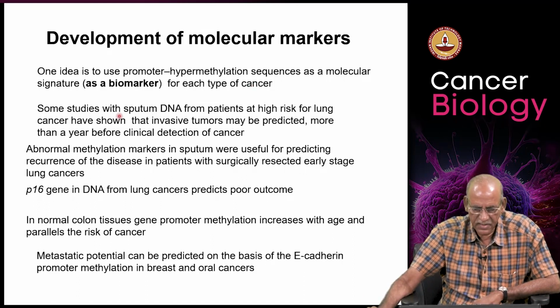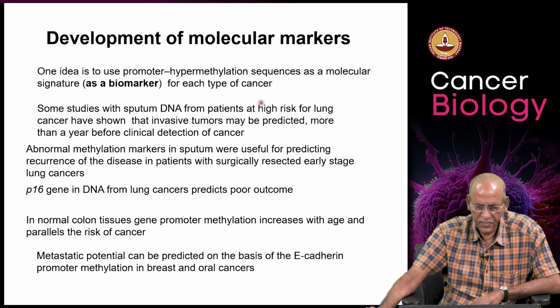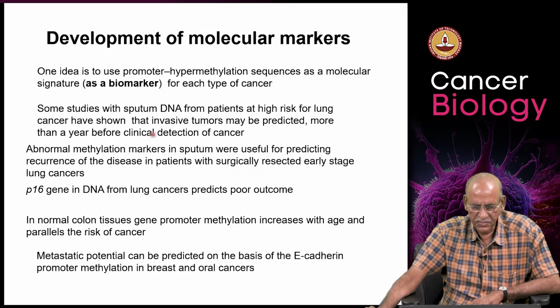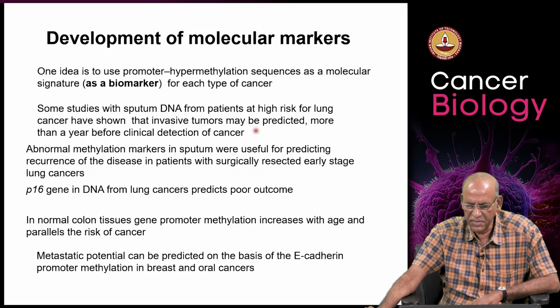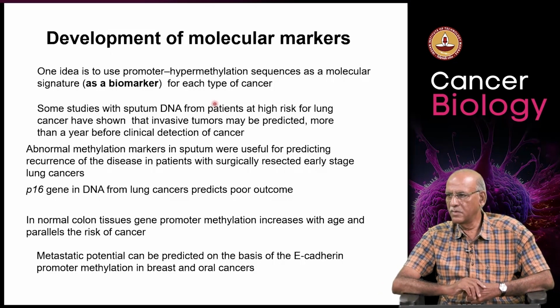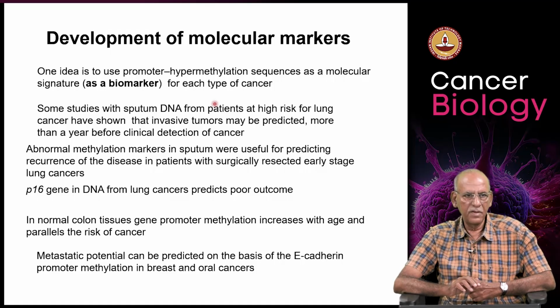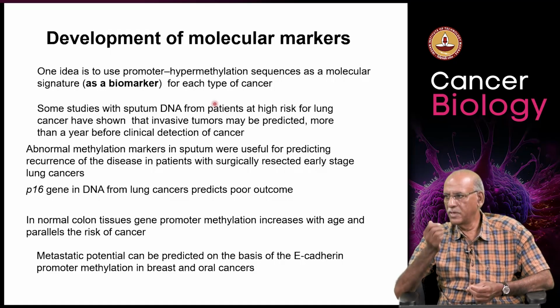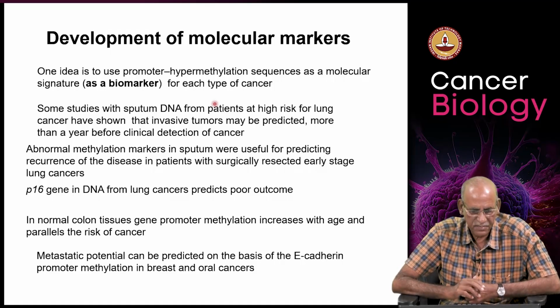See here another example, sputum DNA from patients at high risk for lung cancer have shown that invasive tumors may be predicted more than a year before clinical detection of the cancer. This is a very important contribution, because more than 1 year before they develop aggressive cancer, you may be able to detect it if you just take sputum and then test for these markers.